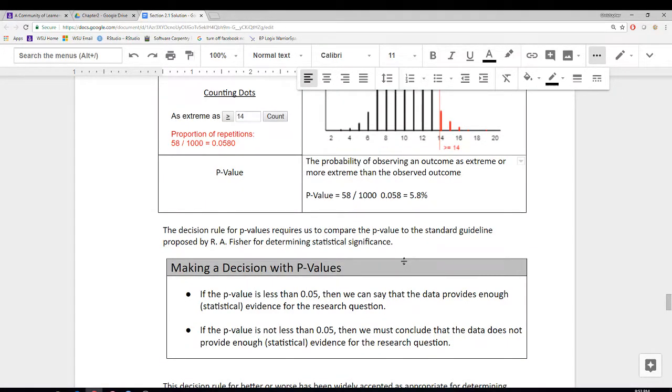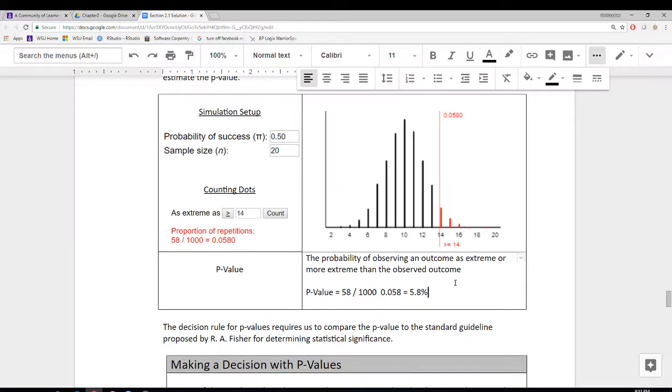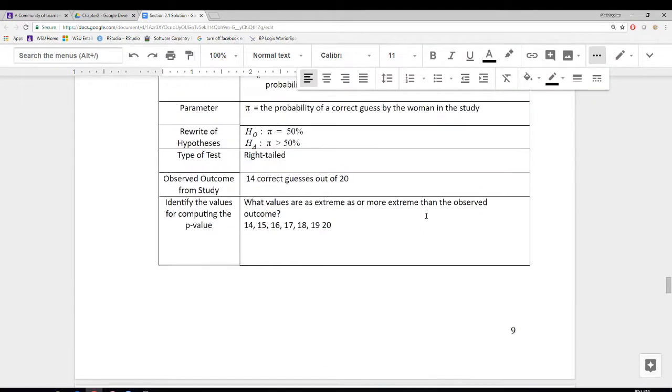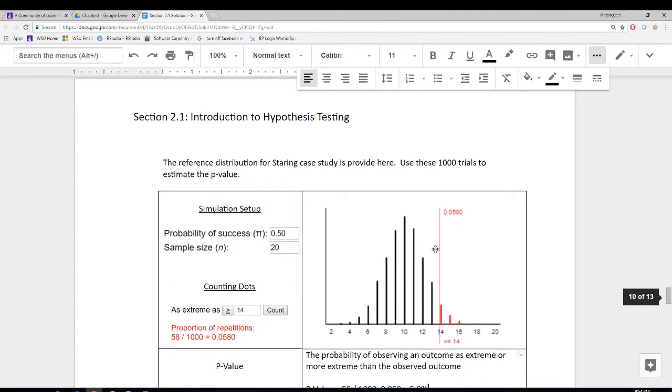Let us consider a moment what this p-value represents. The p-value represents the chance that I'm going to see something 14 or greater under a situation of no ability. Remember, the simulation model is built under a situation of no ability.